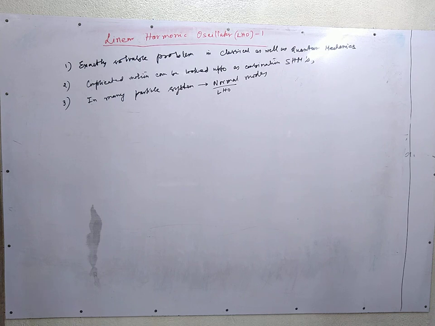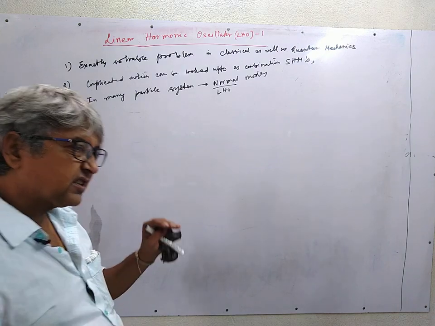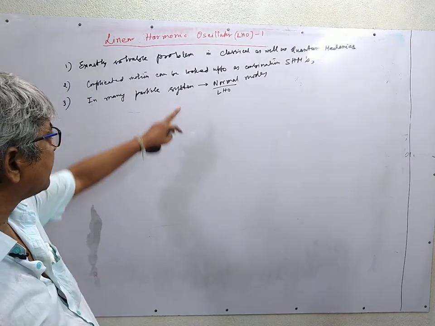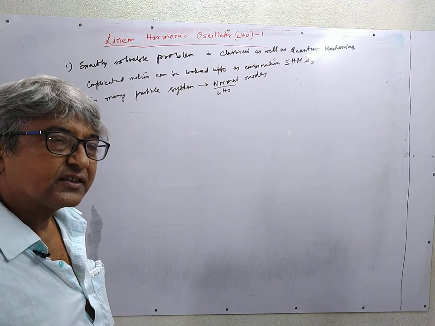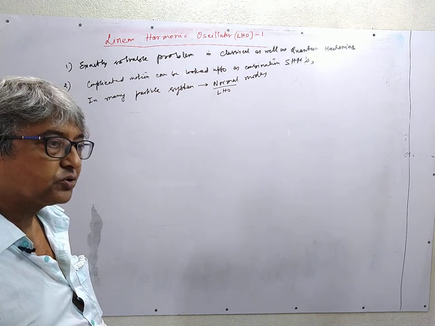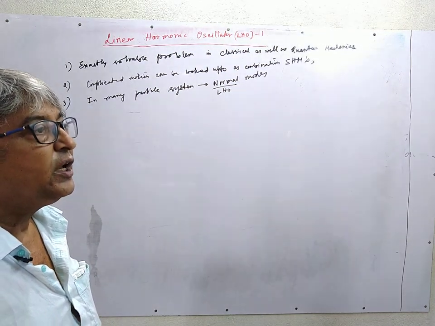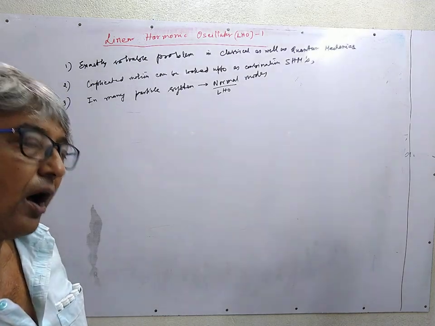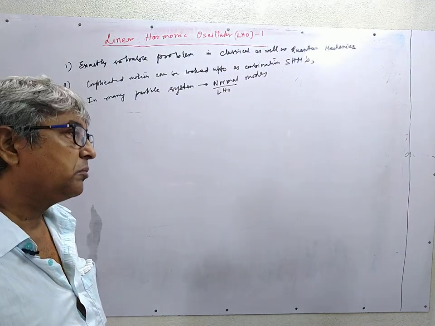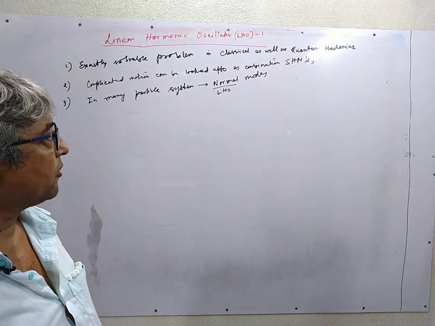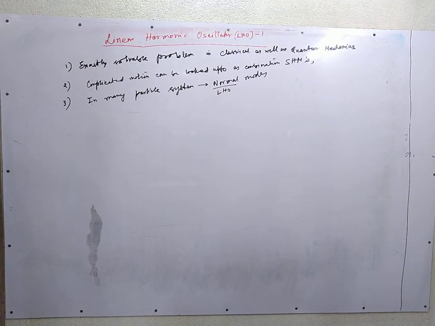If the interaction for small separation can be considered to be a harmonic linear force, then it can be shown that the system in normal mode analysis, if the system comprises of n particles, then after normal mode analysis the system decouples or reduces into n independent harmonic motions called the normal modes. This is the most important thing about linear harmonic oscillator.